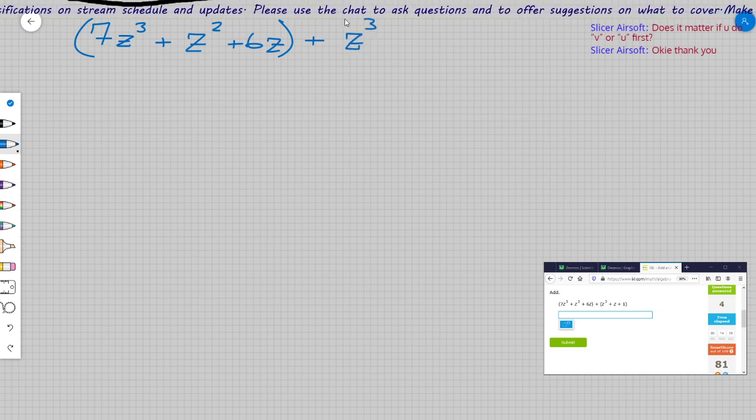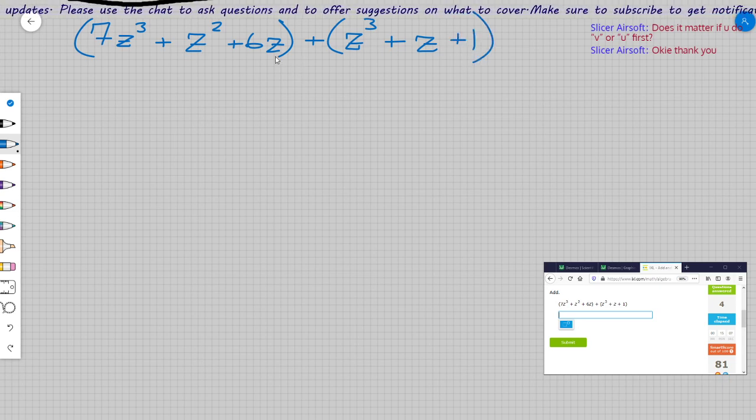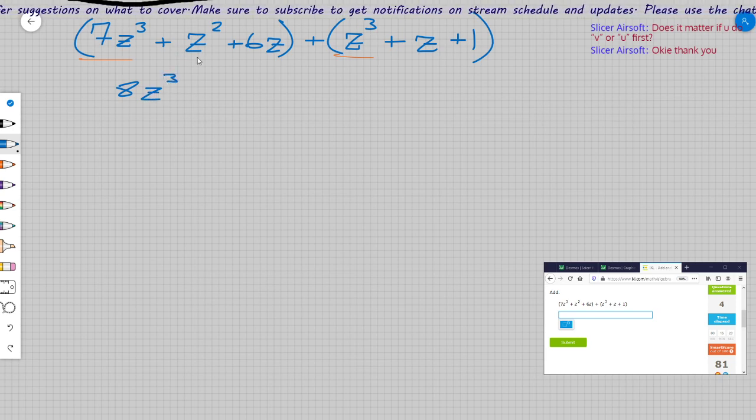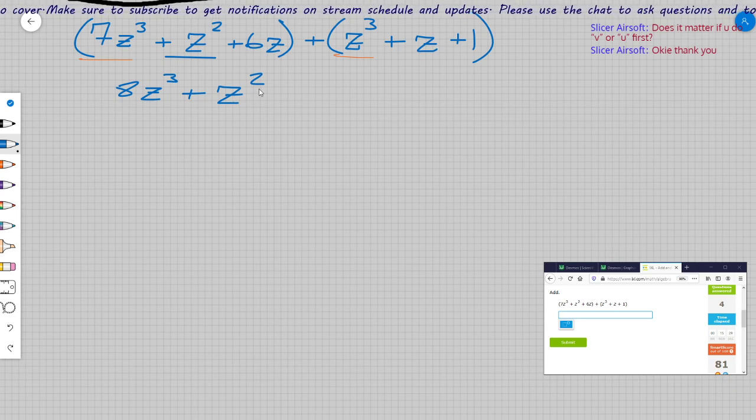I got z cubed plus z plus 1, and this is an addition problem, so we don't need to change the signs. So 7z cubed plus z cubed, 8z cubed. We have a z squared, but we don't have a z squared over here, so it's just going to be plus z squared.